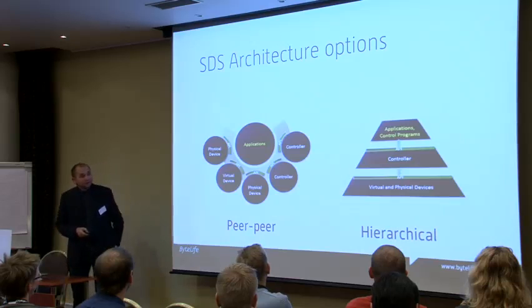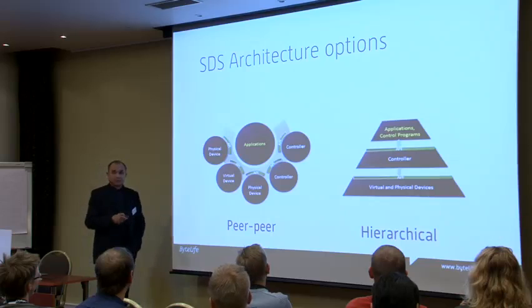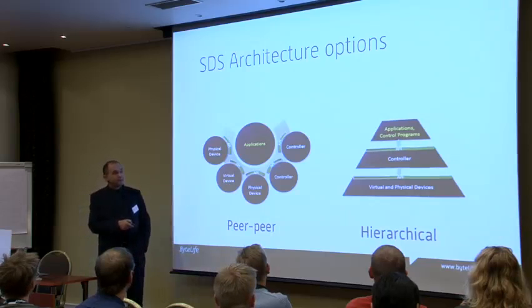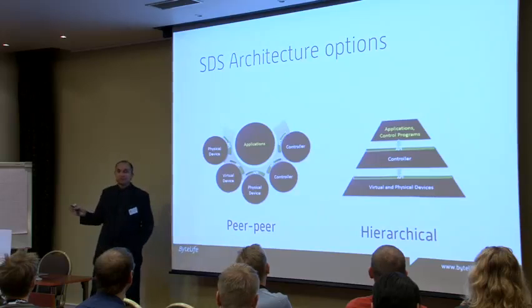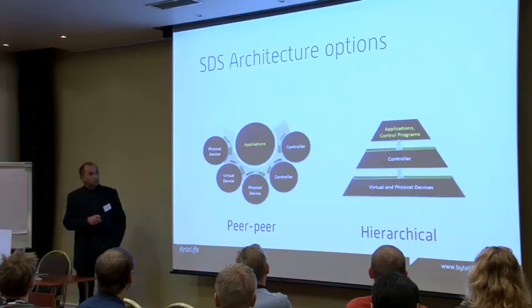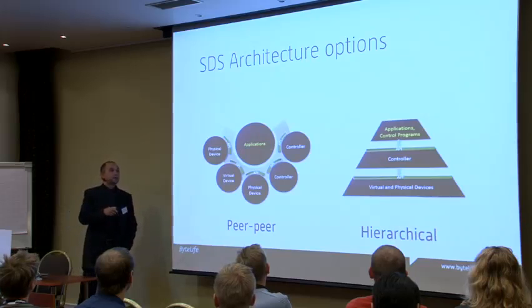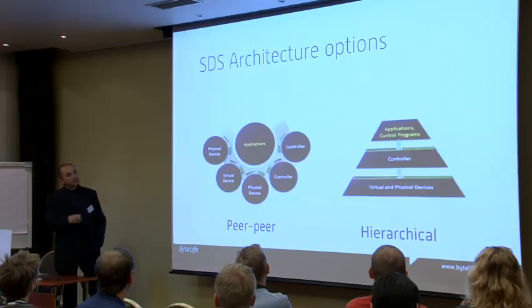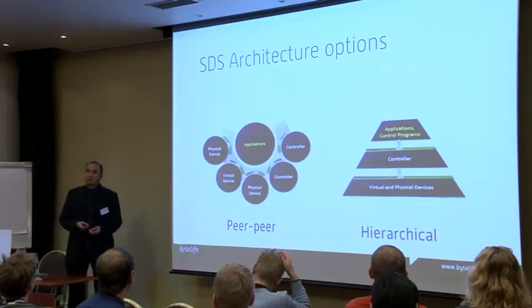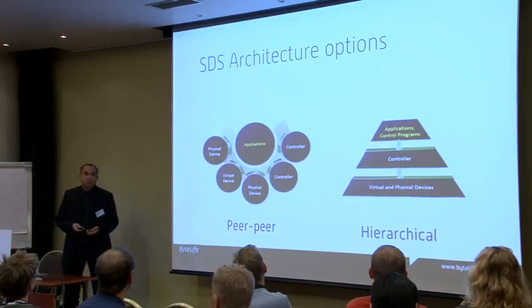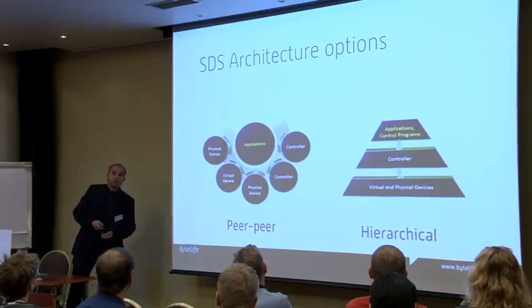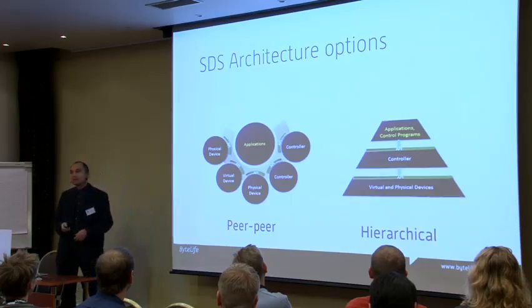I will go into the details in a few slides, but there is your physical infrastructure, there is your application, and there is something in between which controls the stuff, the controller. Or you can build around your applications, and you may talk to different controllers or different physical devices, depending on capabilities. This is what we call the peer-to-peer model. They can all talk to each other. It's not strictly hierarchical.